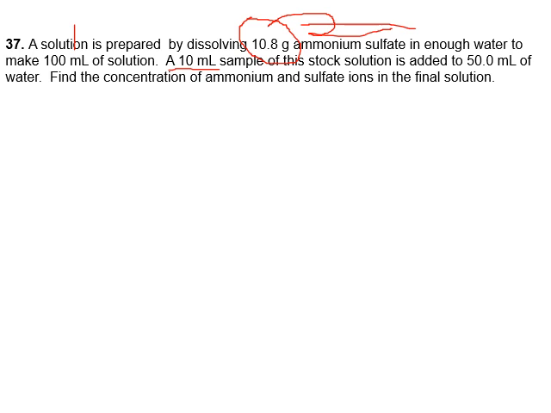All right, so whatever we get here, we figure out how many moles we have, and then we put it in 0.1 liters. So the molarity of that would be however many moles we have divided by 0.1 liters. And then you would multiply that molarity of your solution times 0.01 liters, because that's what 10 milliliters is.